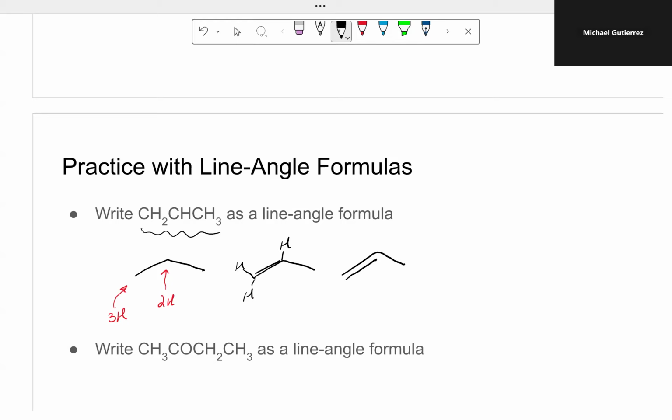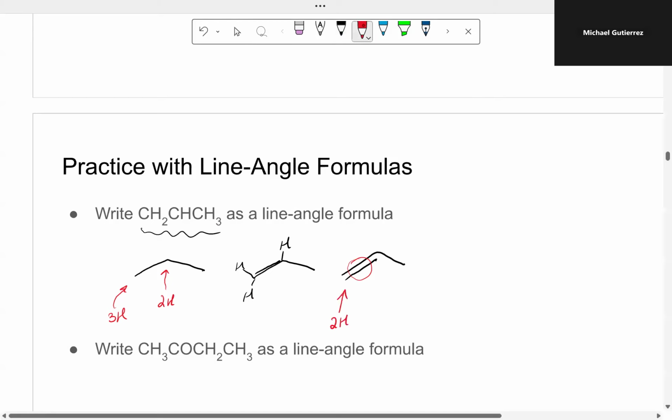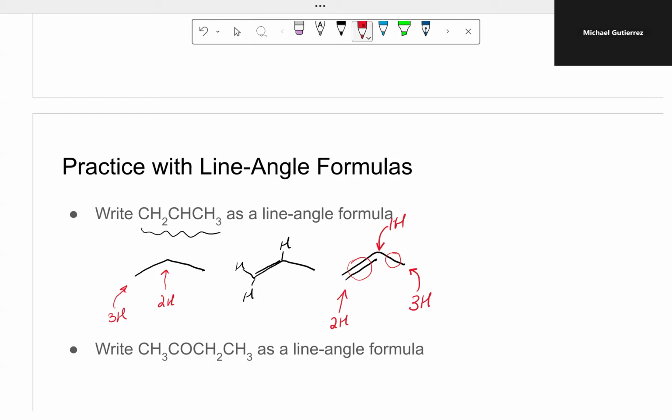And now I assume, since there's already 4 valence electrons around that first carbon, I can only have 2 hydrogens here. And since there's 6 electrons around that carbon in the middle, I can only have 1 hydrogen on this carbon. And then this one on the end, since it's only got 2 bonding electrons there, everything else is filled in with hydrogen. So it will have 3 hydrogens there.